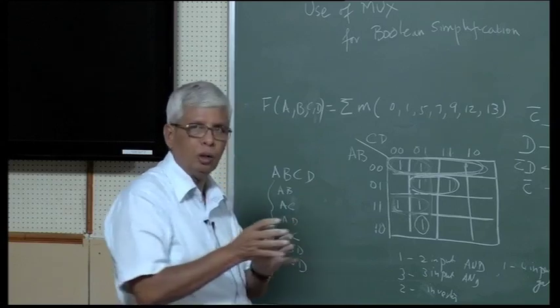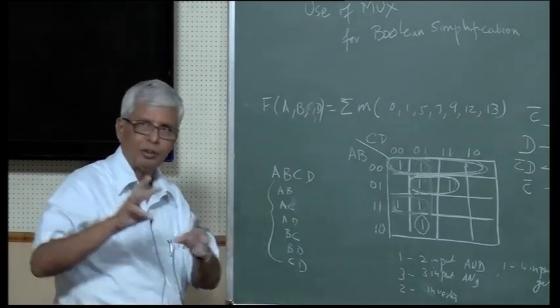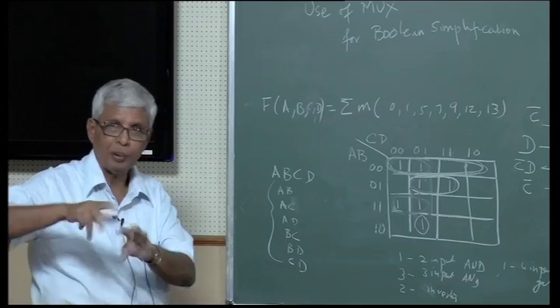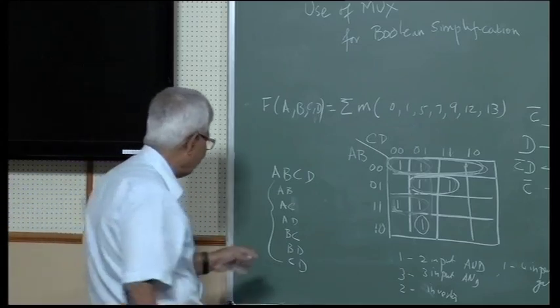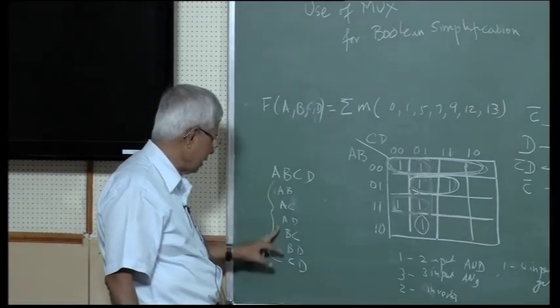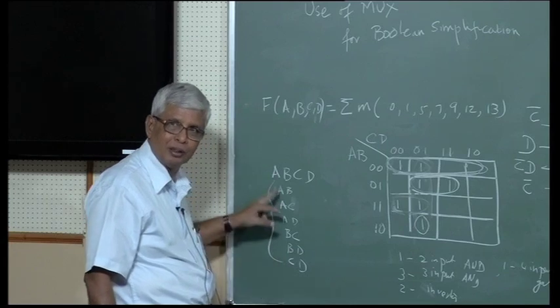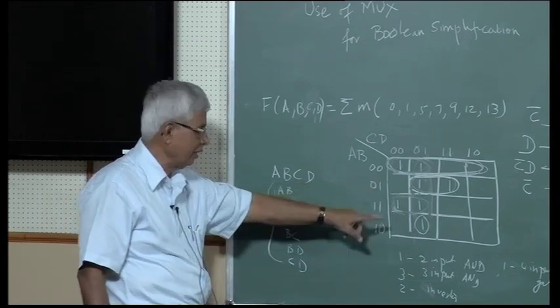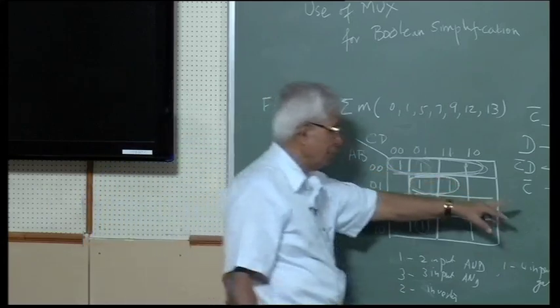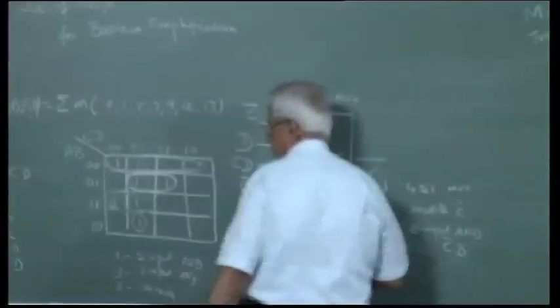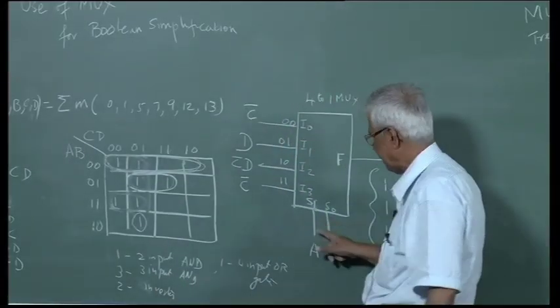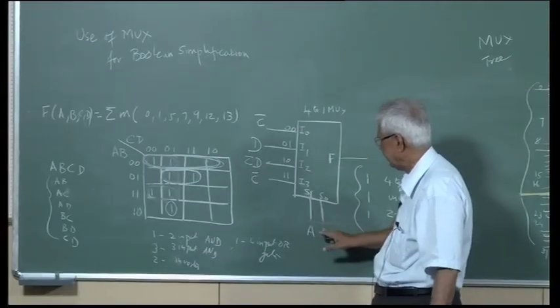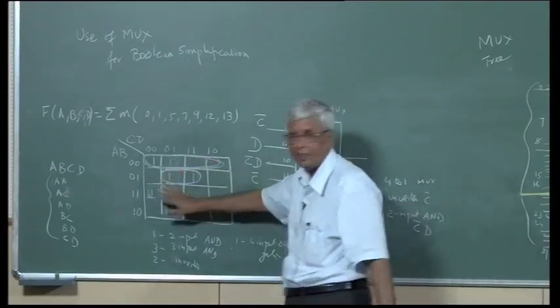If you have some time, you want to play with this a little bit. You use all these 6 variable pairs as selectors. Each time the number will be different. If I use AB, AC, AD, BC, BD, CD, each time the map will be different.